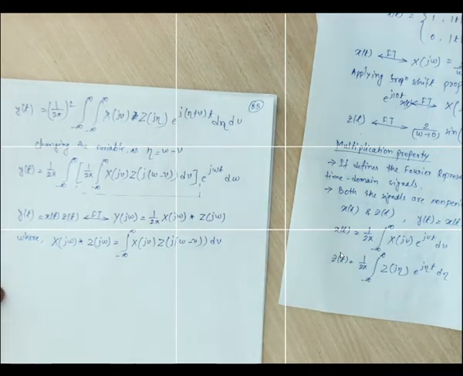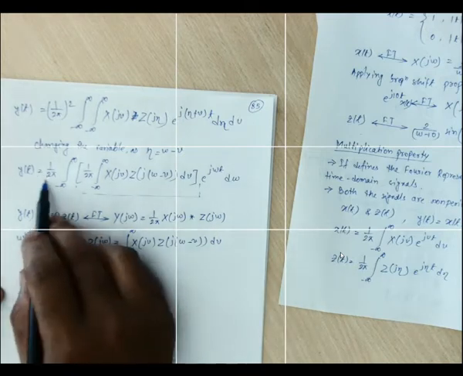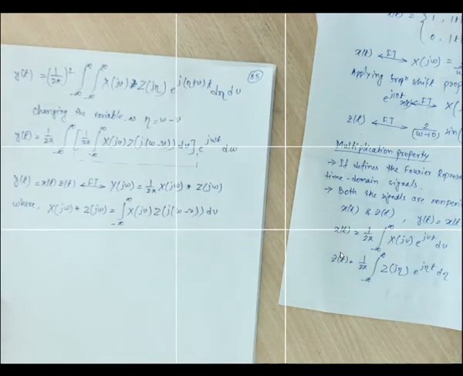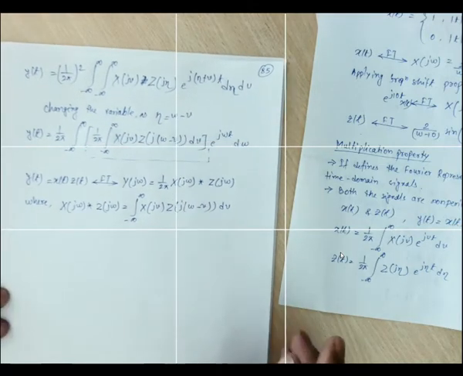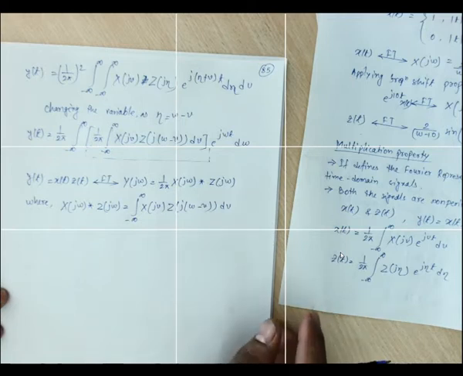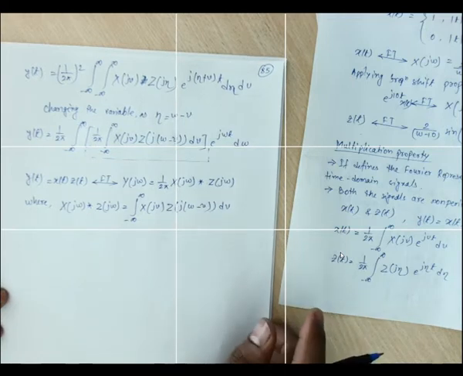Clear? And the outer one is the Fourier transform of this y of t. So what we can say is, multiplication of two signals in the time domain corresponds to convolution of their Fourier transforms in the frequency domain, and multiplication by a factor 1 by 2 pi.